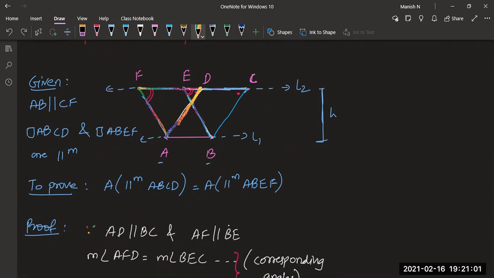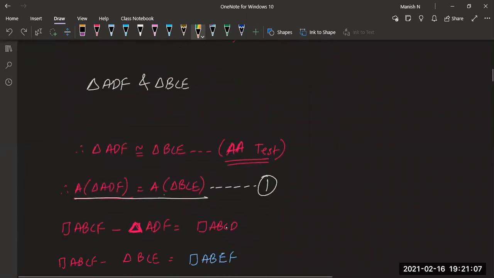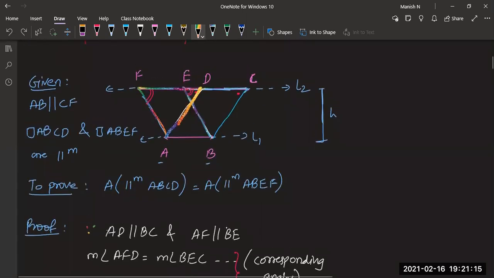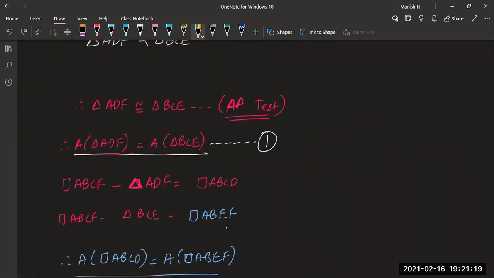Don't you think we will get quadrilateral ABCD? Yes, we would get ABCD, right? So quadrilateral ABCF minus ADF gives us ABCD. Similarly, from ABCF, if we subtract BCE, that is this other triangle, we get ABEF, right?